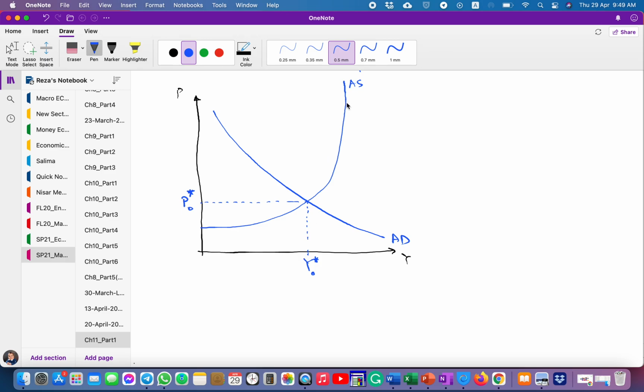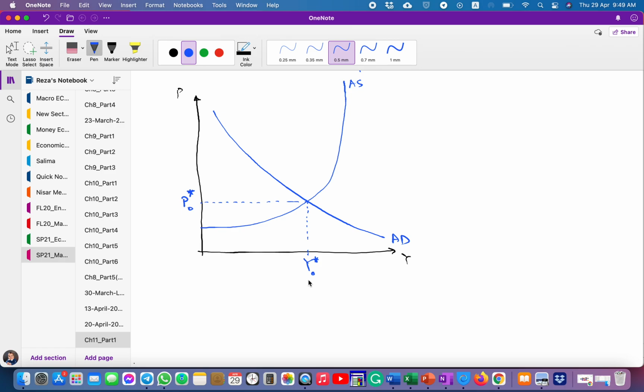What is being produced by the firms is going to be entirely purchased, and in the money market the interest rate is also in equilibrium. So aggregate demand is representing the equilibrium level of both money and goods market at the same time.